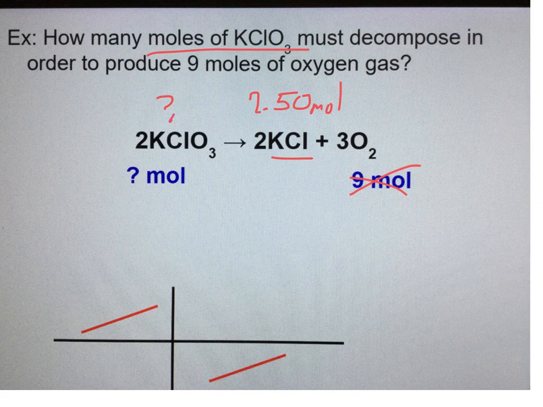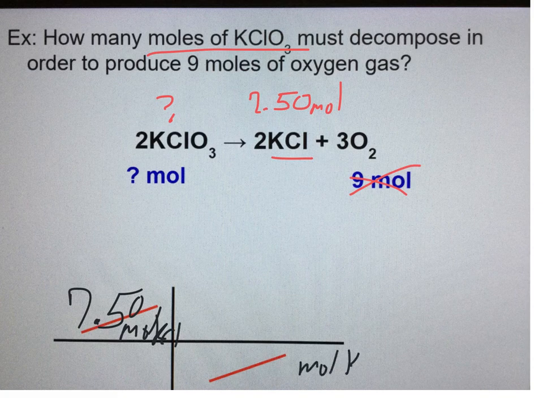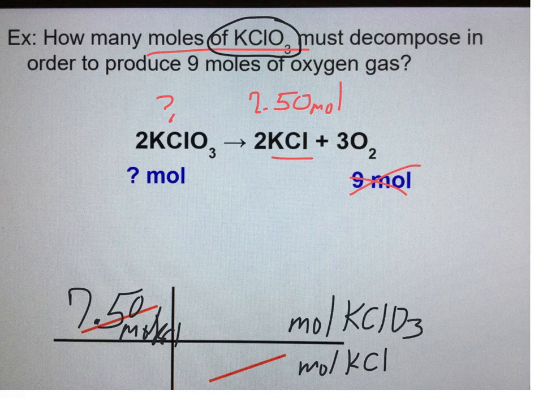You're going to have the 7.5 moles of KCl. That means that your mole of KCl will come down here at the bottom, and you're still looking for the moles of KClO3, so moles are going to be on top, KClO3, and this way you can cancel out the moles, and now you have the mole that you are looking for.